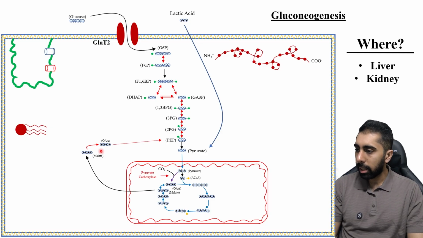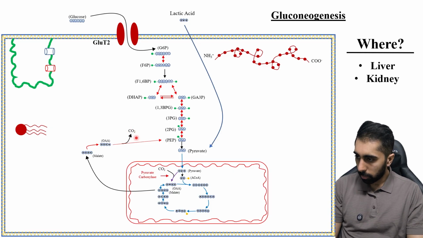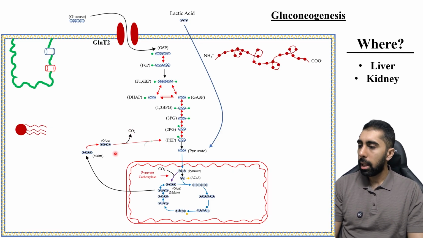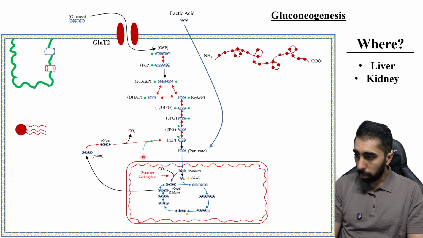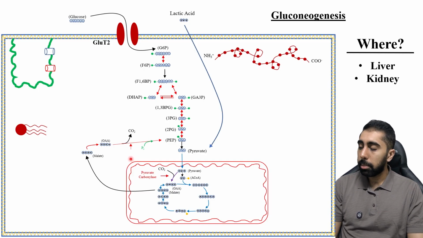Now oxaloacetate can turn into phosphoenolpyruvate. What are the differences between these two? This one has a phosphate group, and phosphoenolpyruvate has one less carbon compared to oxaloacetate. So let's get rid of a carbon as CO2 and add a phosphate group. We do these steps using phosphoenolpyruvate carboxykinase.